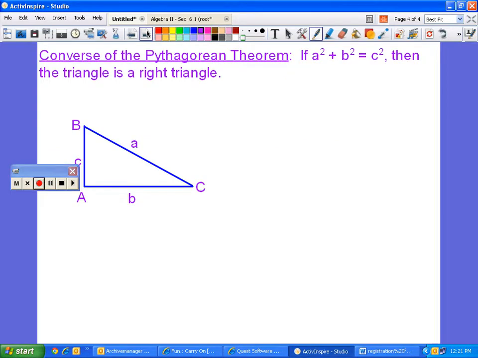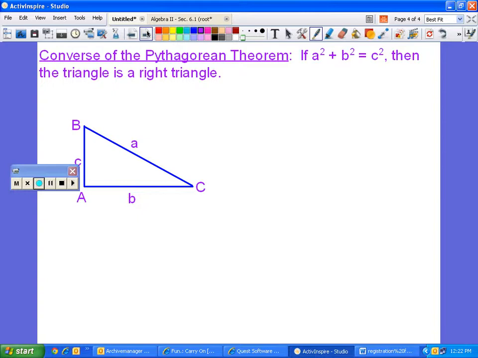Okay. All right. So in addition to the Pythagorean theorem, we have the converse of the Pythagorean theorem. What does it mean to have the converse of a statement? Not the opposite. What would be the opposite, Dylan? The inverse is the opposite. The converse is the reverse.